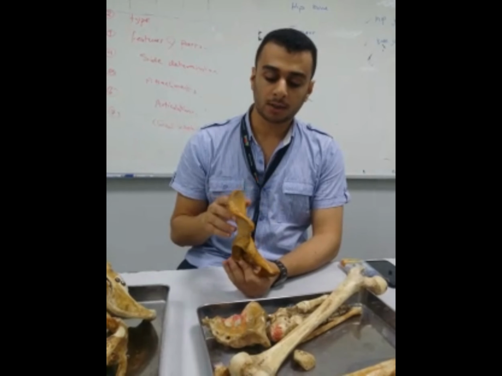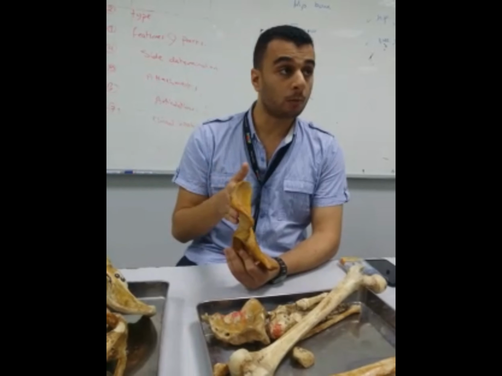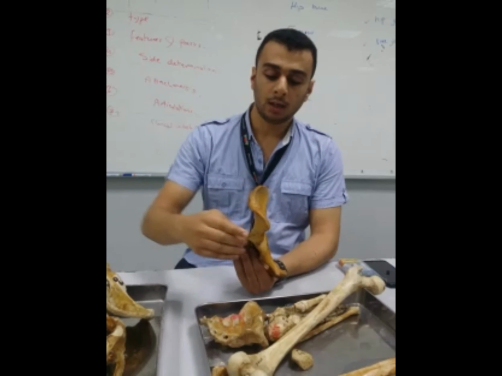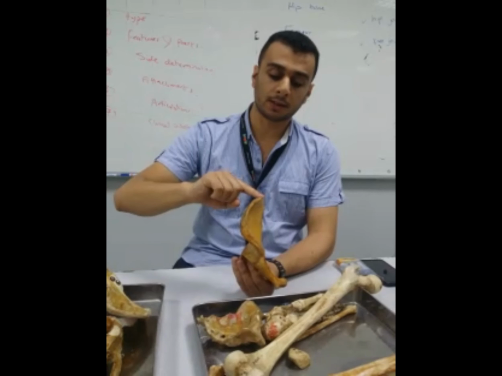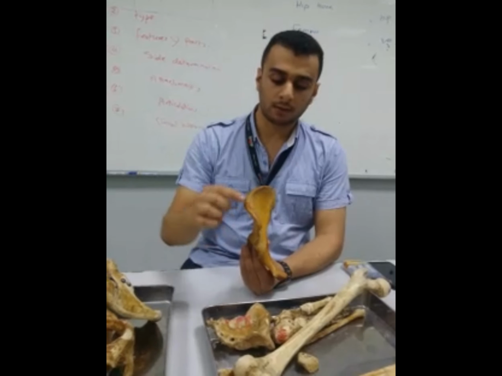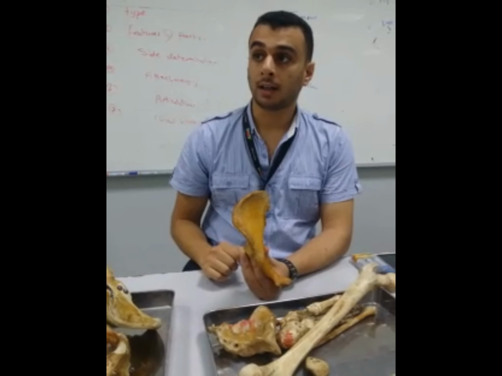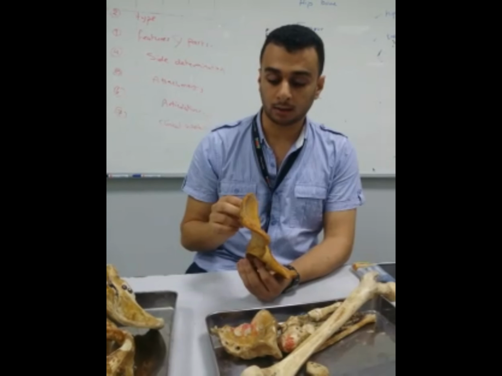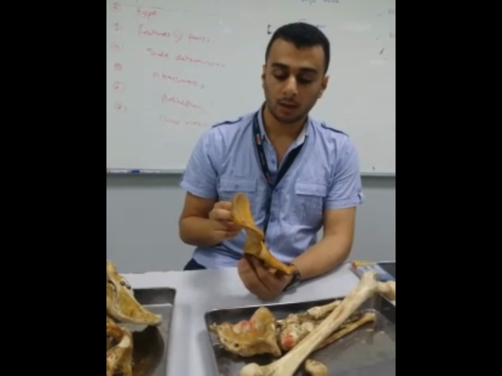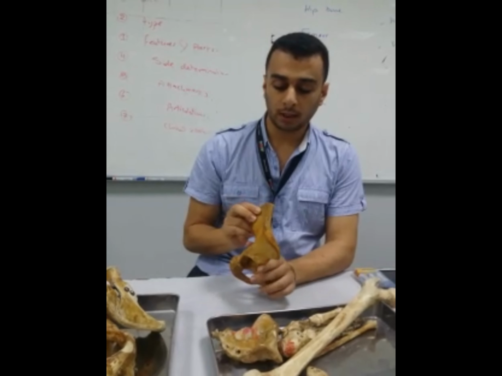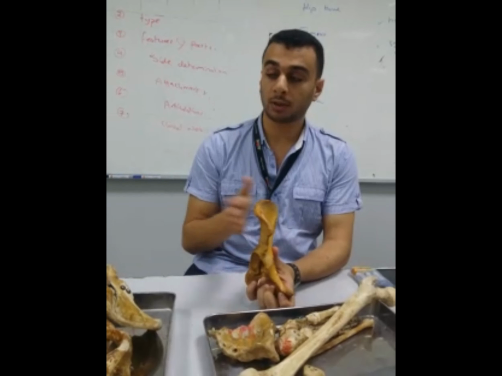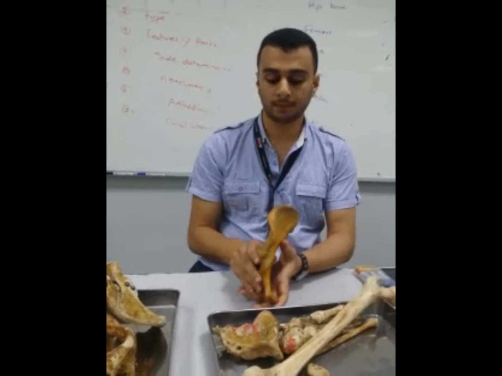For the important parts and features, we go one by one. First, the ilium. You can see here the iliac crest, and for the iliac crest there is an inner lip and an outer lip, and they provide very important muscle attachments. In the ilium we have an outer surface and an inner surface.